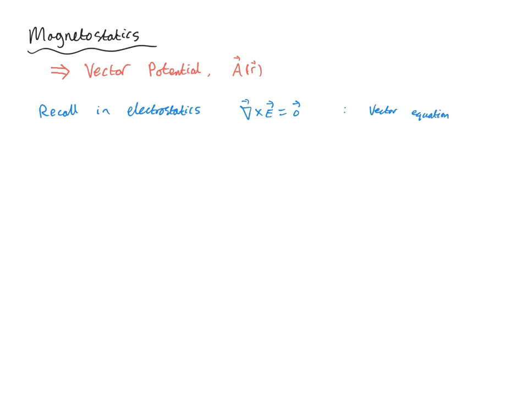So I'm trying to be precise here by writing the vector arrow on the 0 on the right-hand side, because this is actually 3 equations. And they constrain the form of the electric field, so let's call them 3 scalar constraint equations. And they determine the kind of fields that can be electric fields.